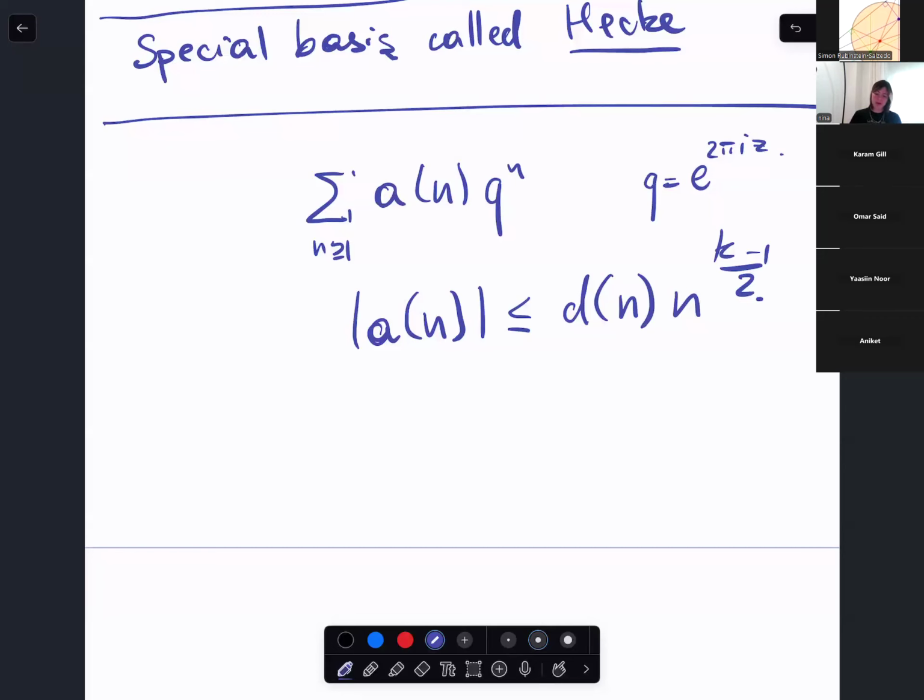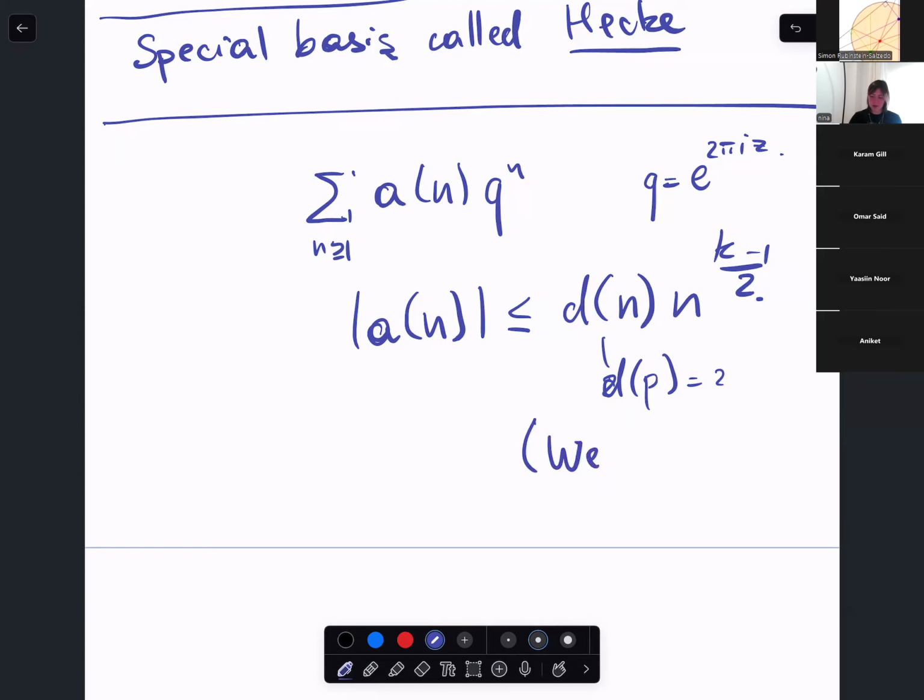So this (k minus 1) over 2 is exactly what we saw, this n to the 11 over 2, and d, for primes, this divisor function is equal to 1 because p is divisible by 1 and itself. Yeah, and this result was a consequence of a very deep theorem by Deligne, called the Weil conjectures.